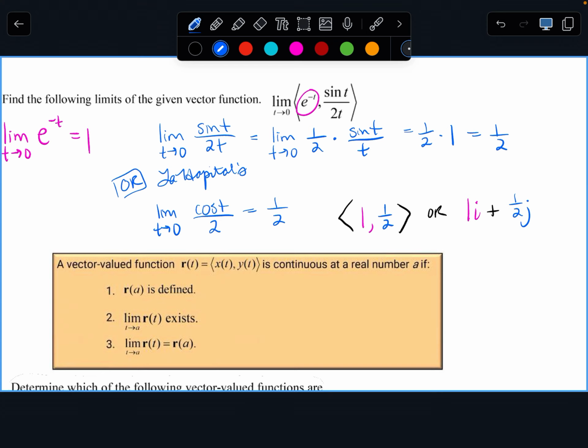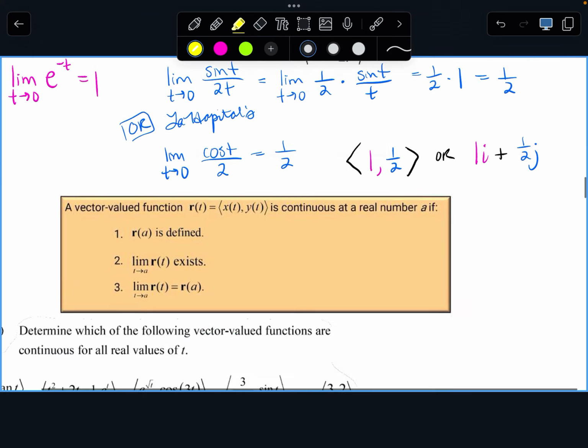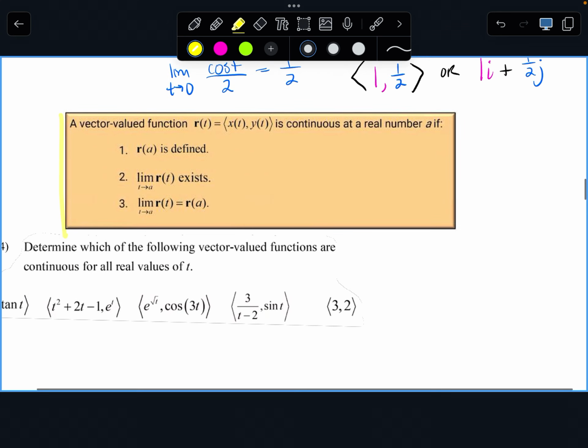A lot of the vector stuff is the same as your normal derivatives. If you have to do continuous, everything's the same as what you did way back in the day. It's just now you're dealing with t, and you're looking at both.